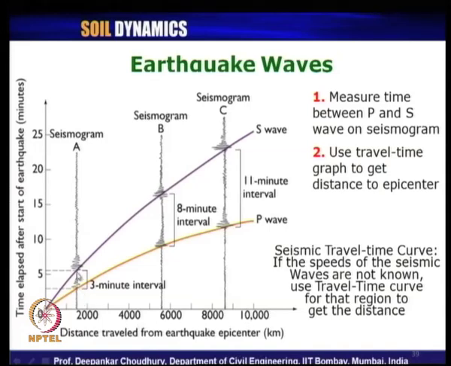And obviously, the smaller time interval between P and S wave will be very close to the epicenter, then the intermediate one and then the higher one will be obviously farthest from the epicenter. So, that way you can get a fair estimate of the distance of the earthquake epicenter from those stations in this manner. So, this is called the seismic travel time curve method.